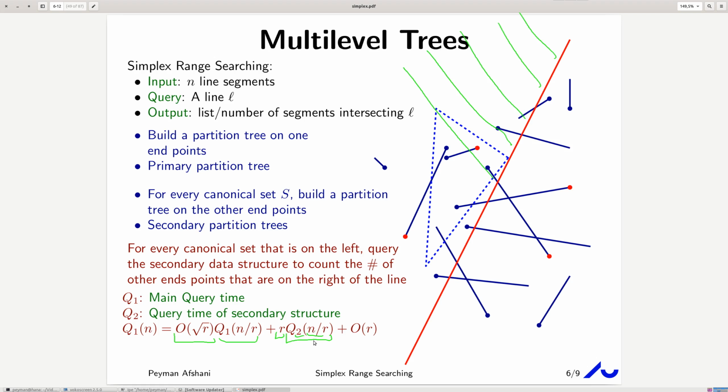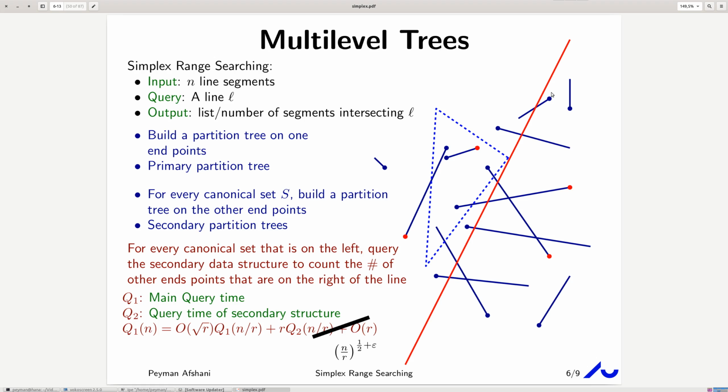I also need to spend O of r time to inspect every triangle. Basically, the query algorithm is that you inspect every triangle. If it's outside, you ignore. If it's inside this half plane, you call the secondary data structure on it. If it's intersecting, you recurse. That is essentially the recursive formula for the query time.